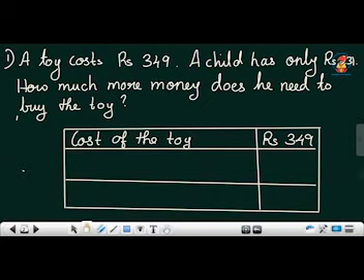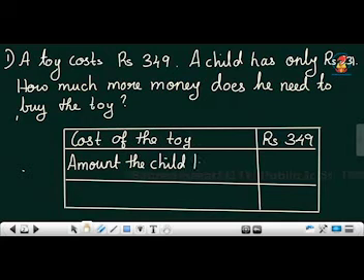Then the amount the child has. How much is the child having in hand? 231. So the question is, how much more money does he need?